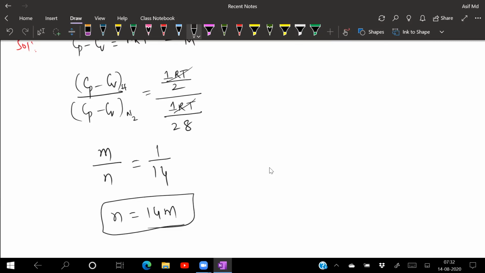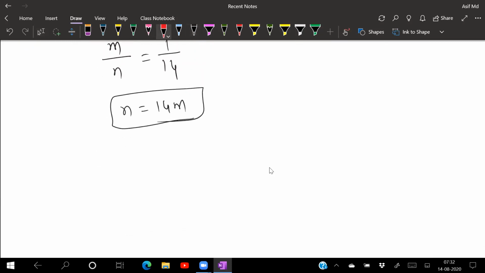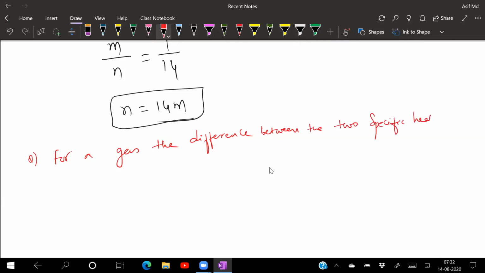One more question. For a gas, the difference between the two specific heats is 4150 joule per kg Kelvin.